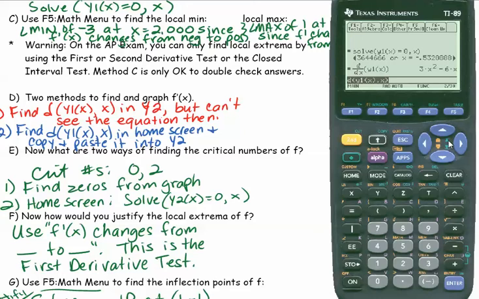Once we see the derivative, we can arrow up to highlight it, green diamond copy, and then go to y2 and green diamond paste. It's exactly the same thing, except now we can actually see the algebraic version of that first derivative.